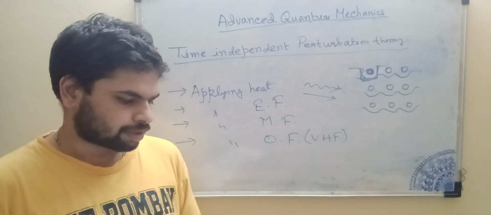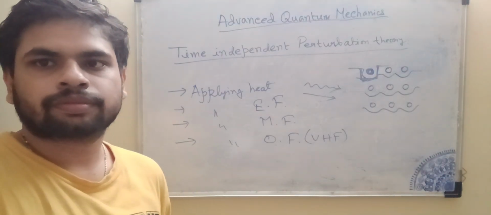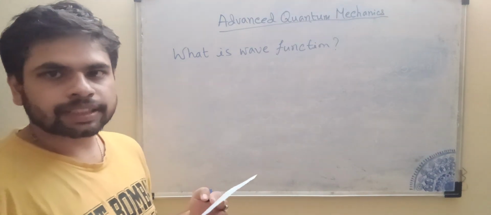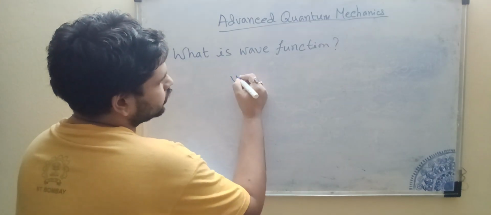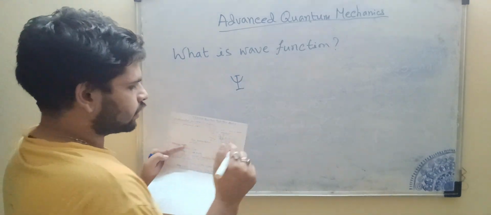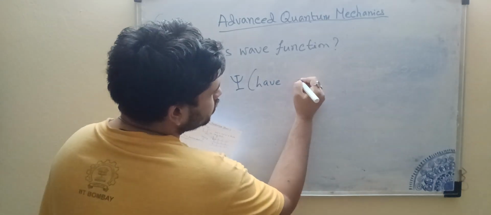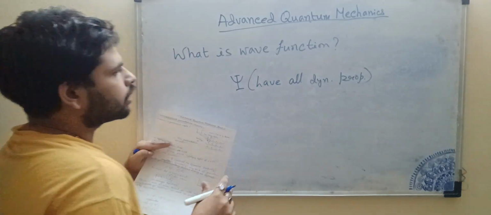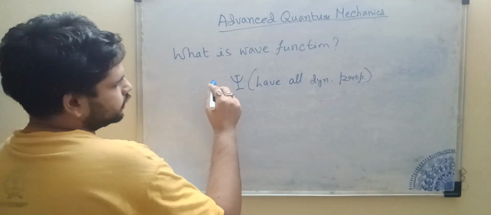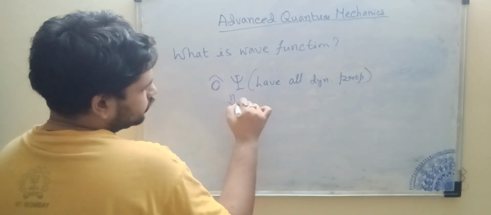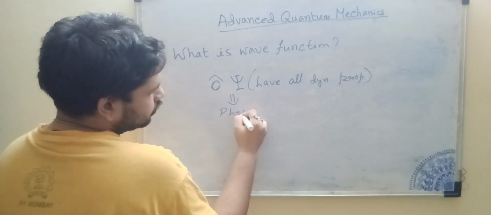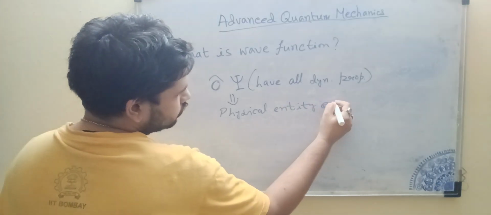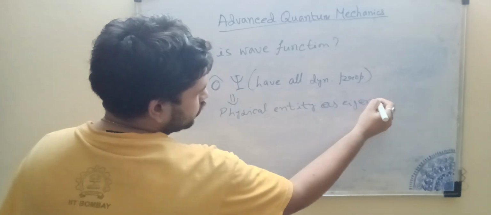Next we will discuss what the wave function is. We know that in basic quantum mechanics there is something called psi, which has all the dynamical properties of the wave. If we operate any operator on it, we get its corresponding physical entity as an eigenvalue.